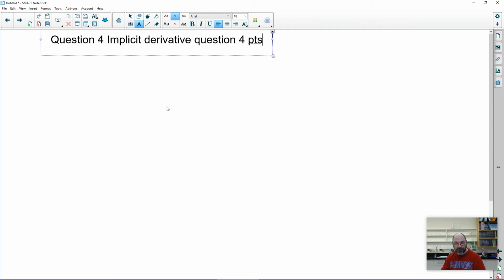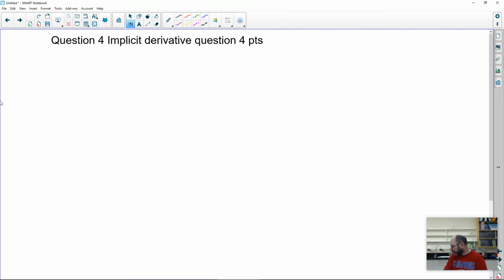Okay, so something like find the derivative of, let's say we had x squared plus 3x cubed y squared minus 8 equals 0. Or let's say equals 8, or like that, doesn't really matter.